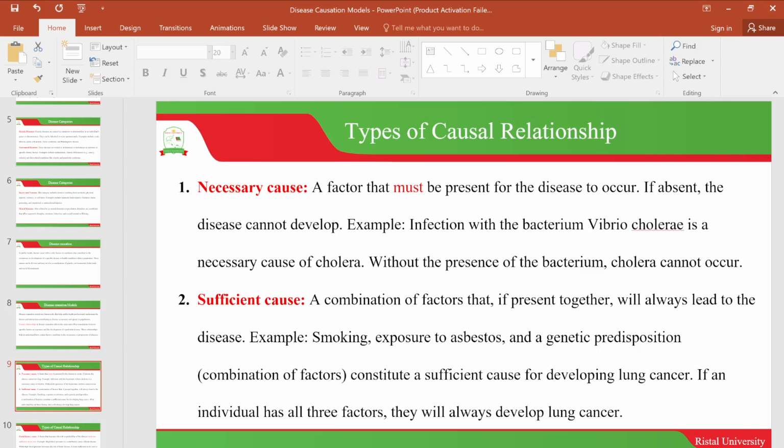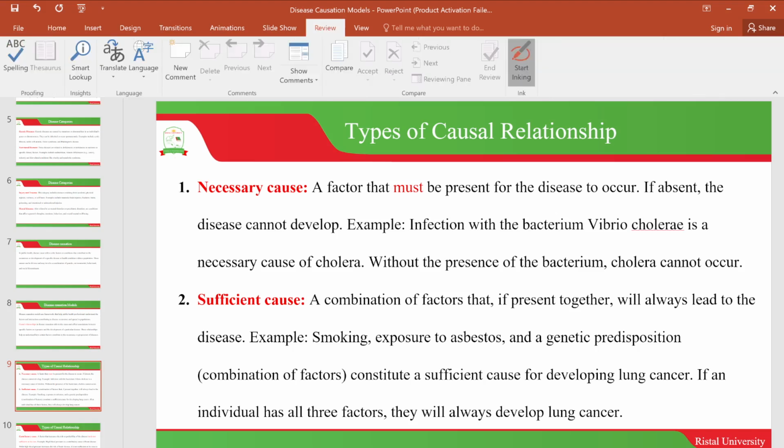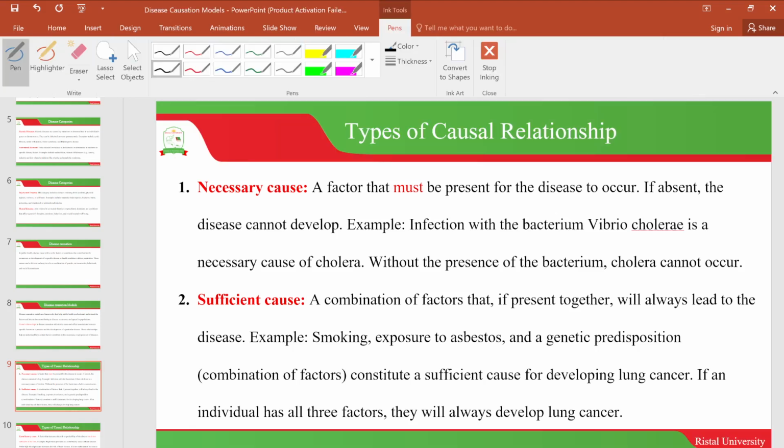So we are talking about smoking, which is either passive or active, and then we have exposure to asbestos, and then we have a genetic predisposition. These factors, if you have them in an individual, can be sufficient to cause a person to develop lung cancer. So that is about sufficient cause.